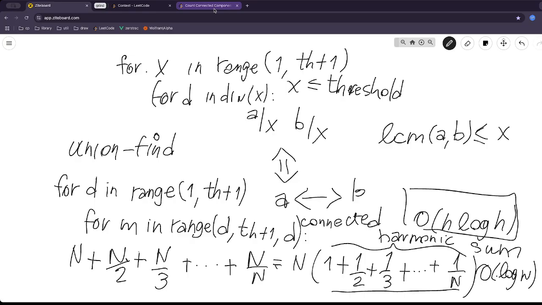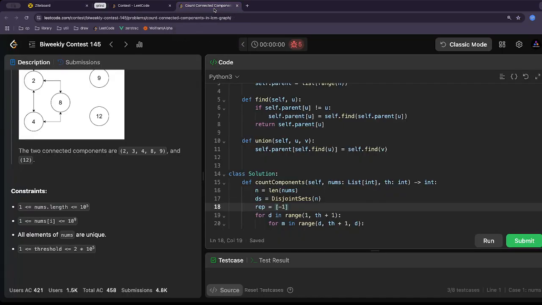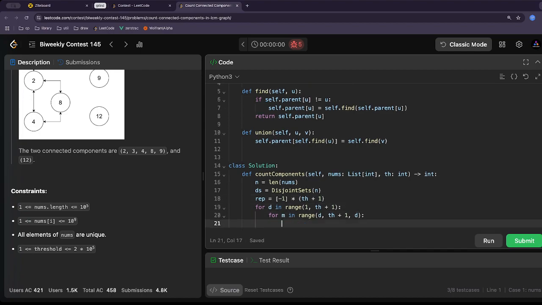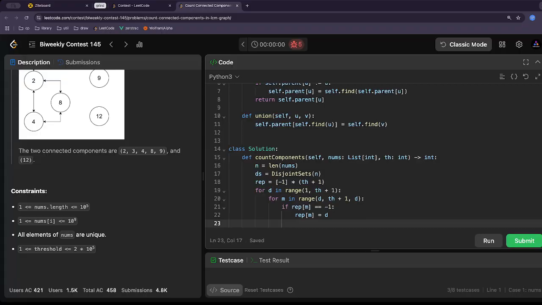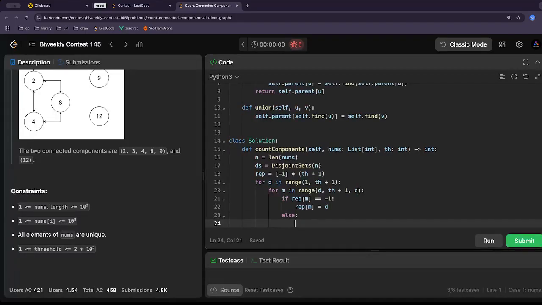I'm going to save that one, and I'm going to connect all the other divisors to it, right? So initially I set it to -1. And so here I want to check if the representative of m is -1. It means this is the first divisor for m, right? So we set D as the divisor.